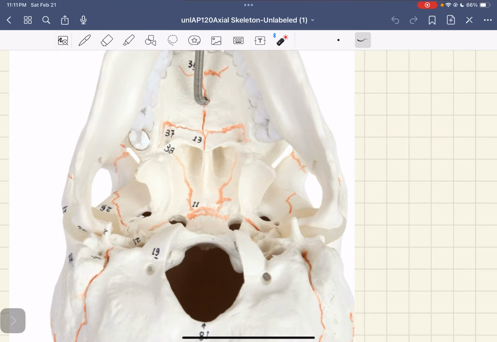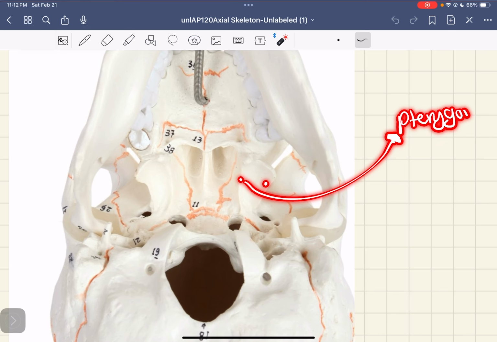Okay, and then on the sphenoid bone, right next to that vertical plate, which was somewhere over here, there's a couple of other things that you can see. These two plates here are a part, again, of sphenoid, and they're called your pterygoid processes, or pterygoid process.